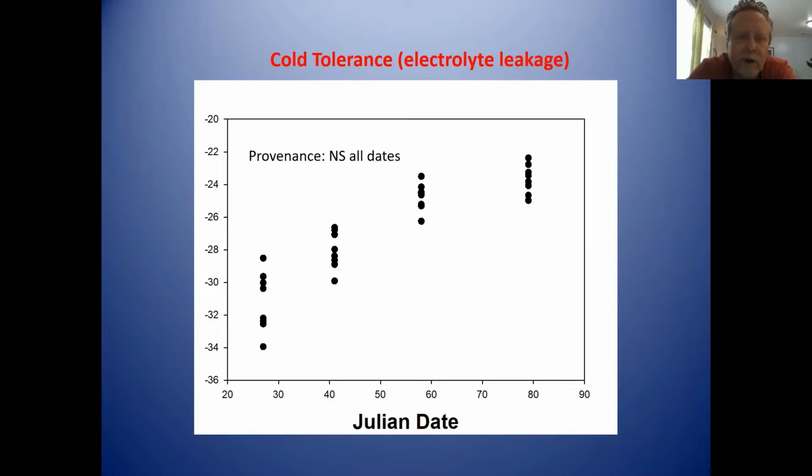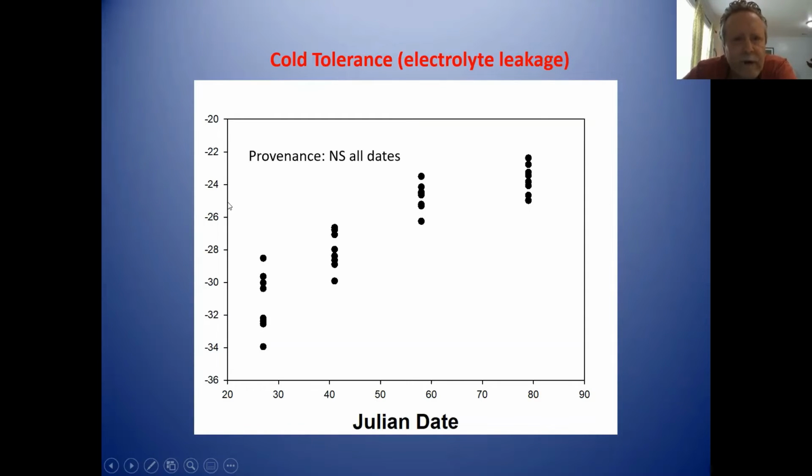Butner and Hawley and Schauberg from up in Vermont, who do a lot of electrolyte leakage measurements of tissue. This is TM over here on the y-axis, and that indicates the 50% point where there's 50% damage in the foliage.